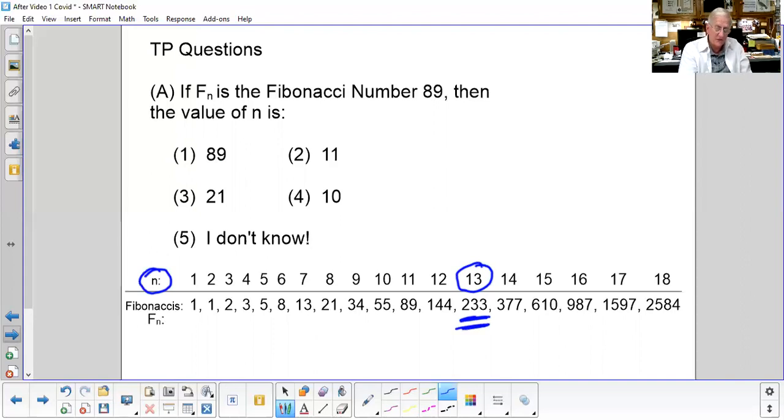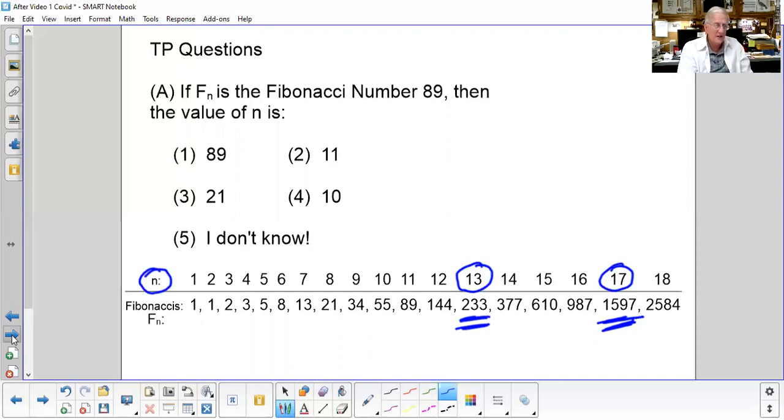The 17th number in the series is 1597, okay? So that's what the N stands for, its location in the list. And of course, down below, F sub N, as a subscript, simply says that if you use the N up above, you will get the correct Fibonacci number. So these are all the Fibonacci numbers listed up to 2584.